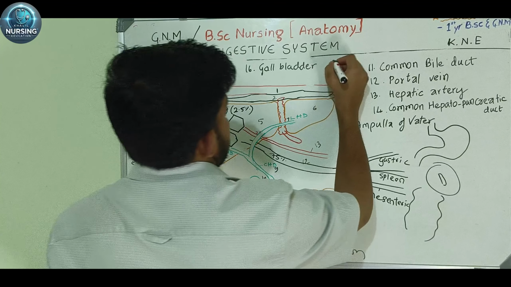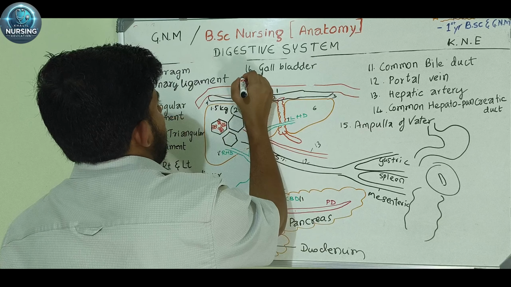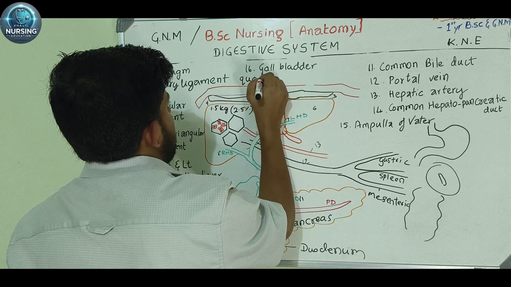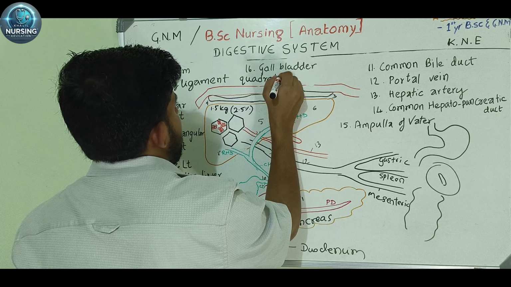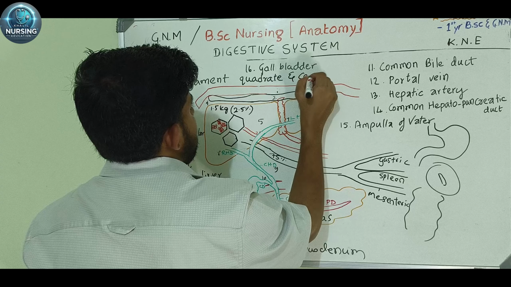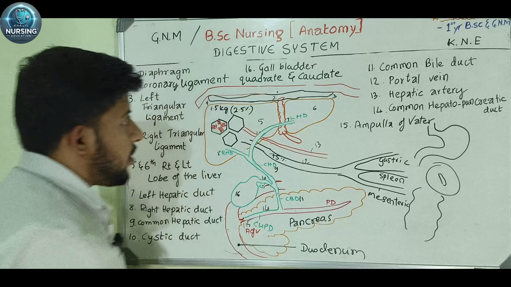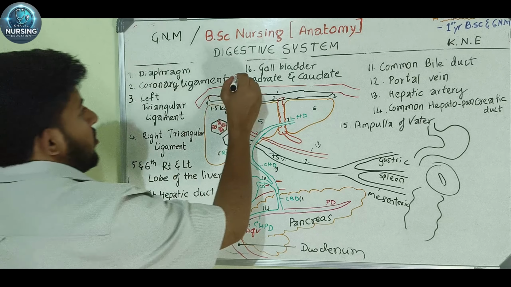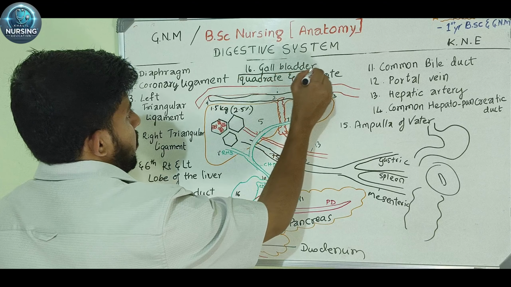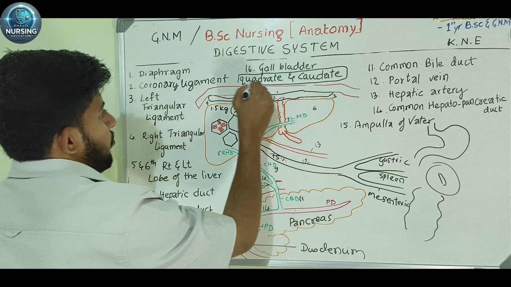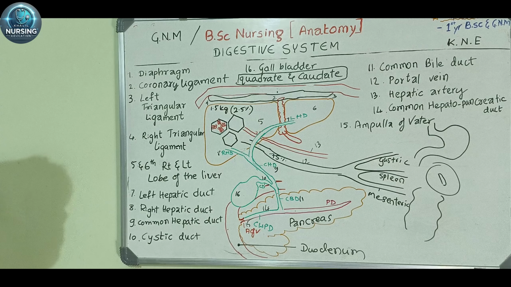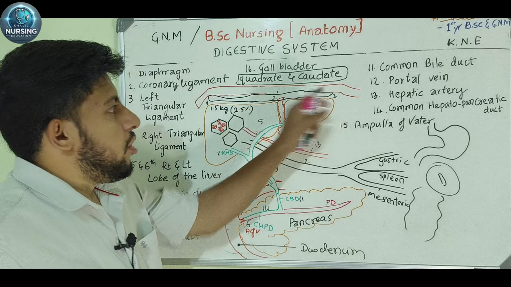Okay, I will write here quadrate and caudate. This is the lobe I am saying. Clear?